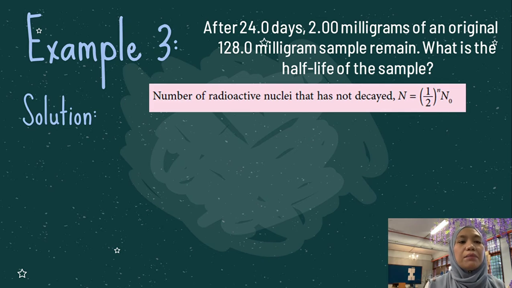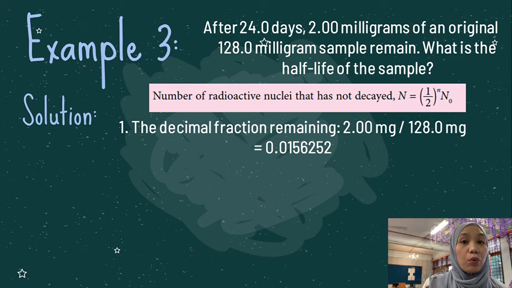Solution: the number of radioactive nuclei that has not decayed, N, equals one half to the power of n, times N naught, where N naught is the initial mass. So the decimal fraction remaining is 2 milligrams over 128 milligrams. N is the remaining number of radioactive nuclei that has not decayed, divided by N naught, the initial mass.